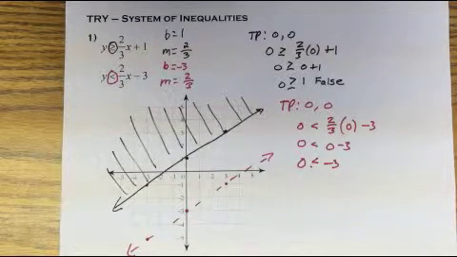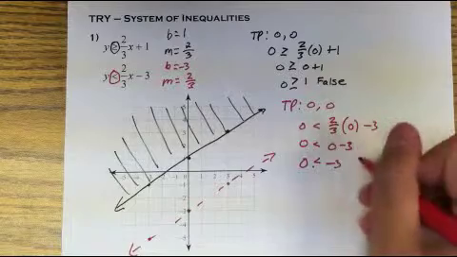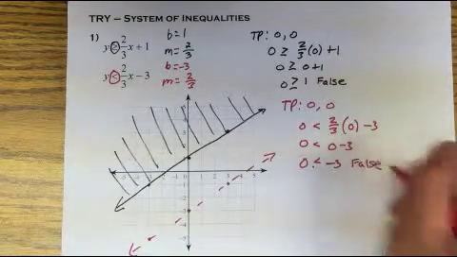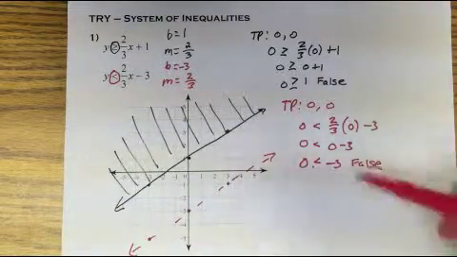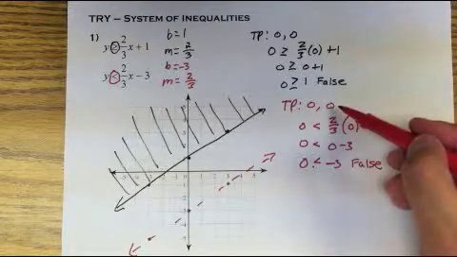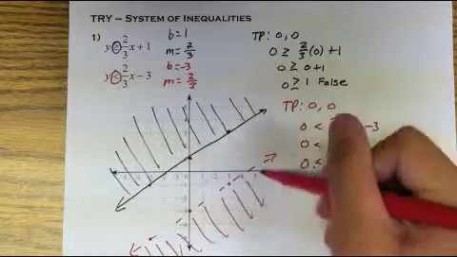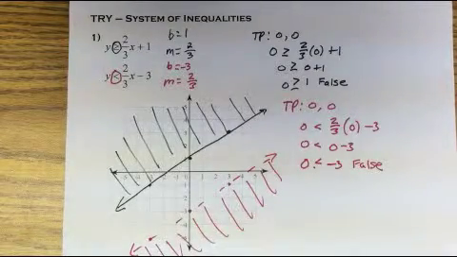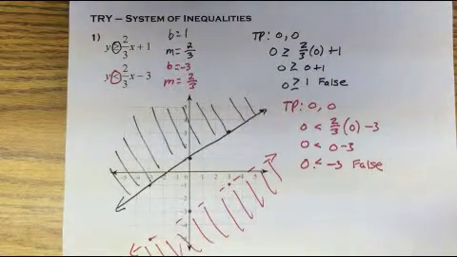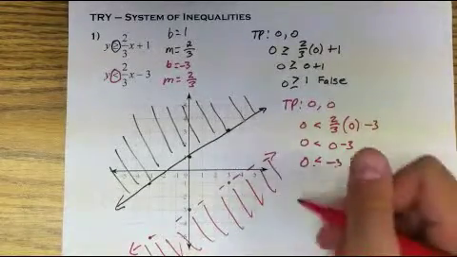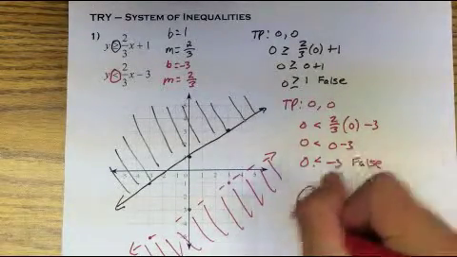It is not. That is also a false statement. So once again, I will not shade the side of the test point. I'm going to shade the opposite side. Okay, since there's no overlapping of the shaded regions, there is no feasible region, so by default, it is a no solution.